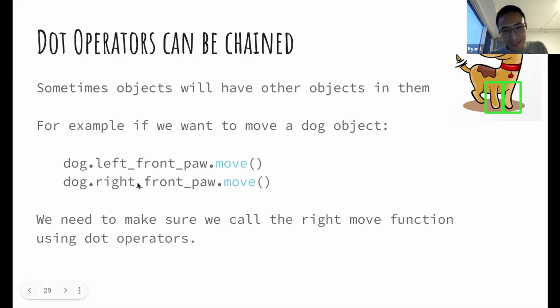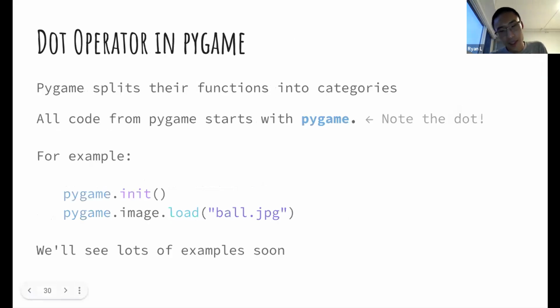Once again, we'll get more examples once we start coding. You'll see this a lot in Pygame as well. Usually you use pygame dot to indicate you're using something from the Pygame library. In this case, we want the image class from the Pygame library, and within it we call the load function on whatever image you have.